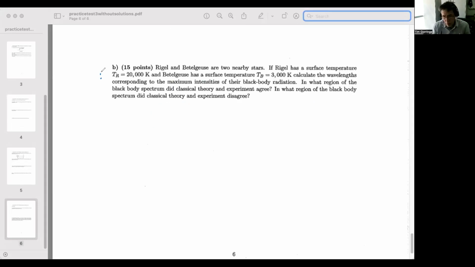The last part of this problem involves blackbody radiation, and specifically the Wien law for blackbody radiation. This is a law that describes the wavelength at which the maximum intensity of blackbody radiation is emitted.